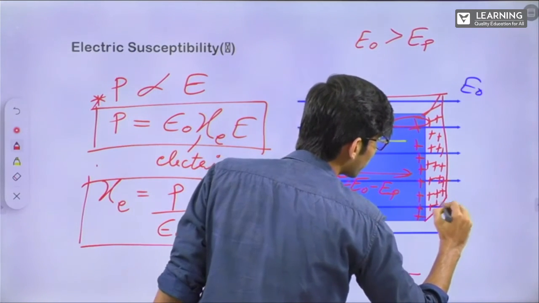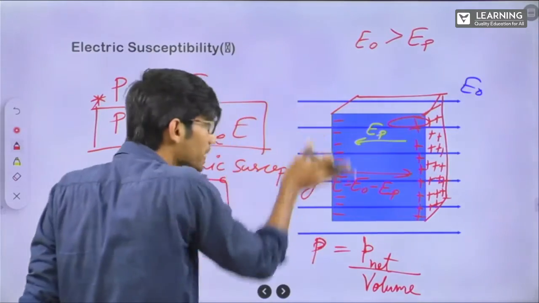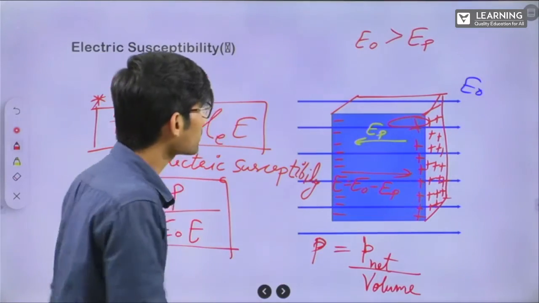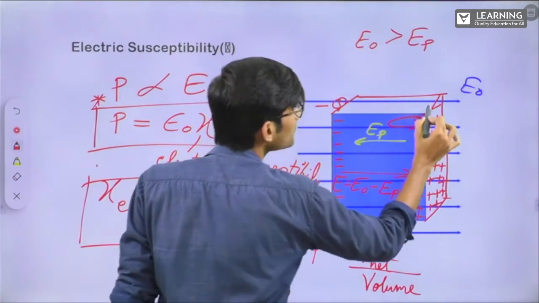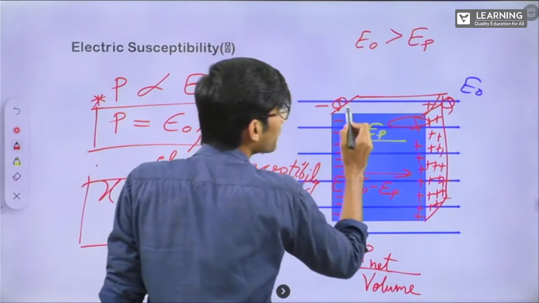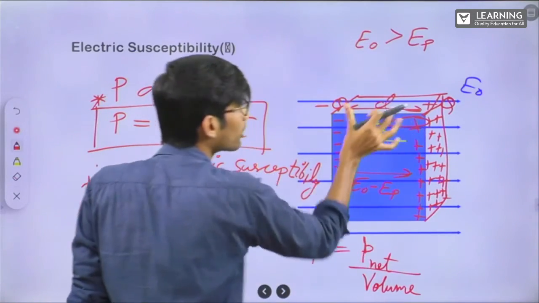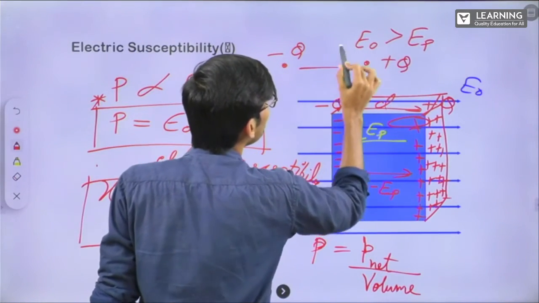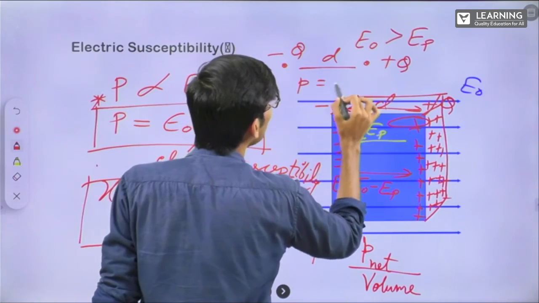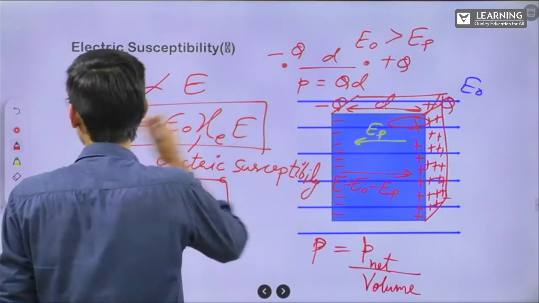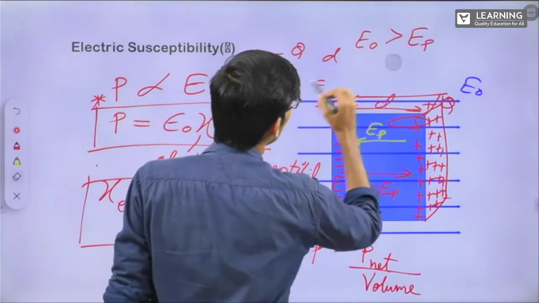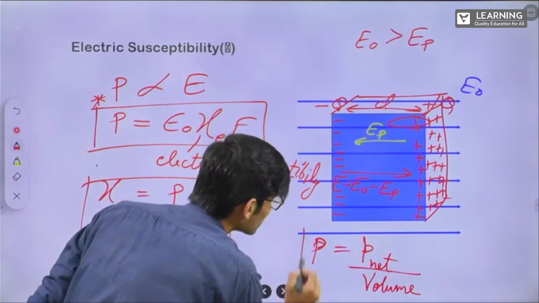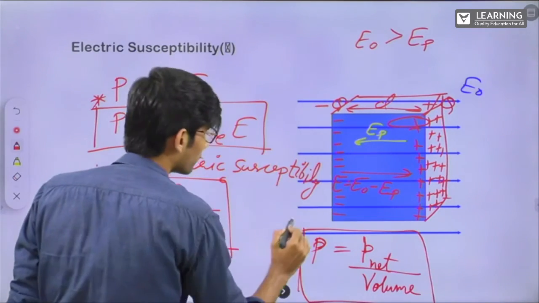Suppose this is minus Q, this is plus Q, and there is a separation D between them. What will be the dipole moment? Dipole moment is equal to Q into D, correct? So due to the polarization, the net dipole moment, this formula first of all you have to remember.